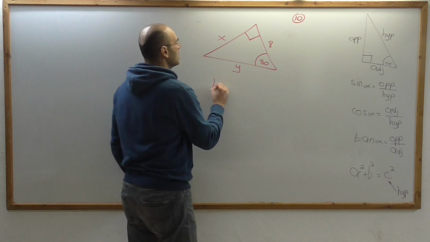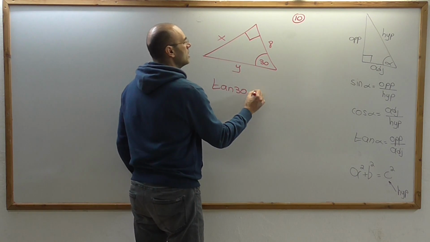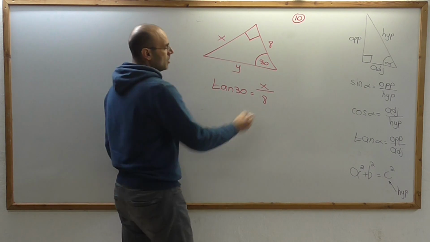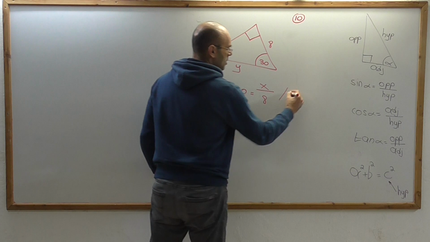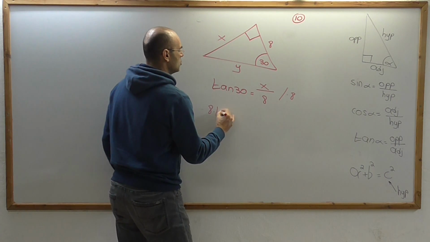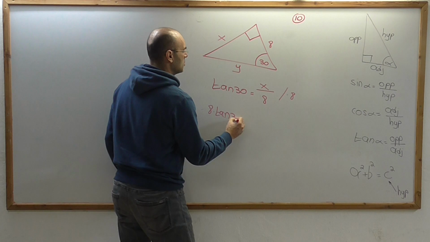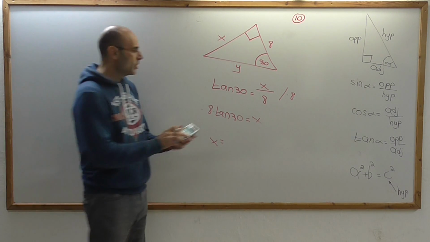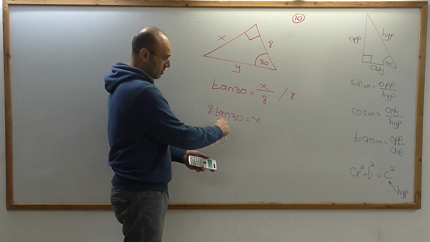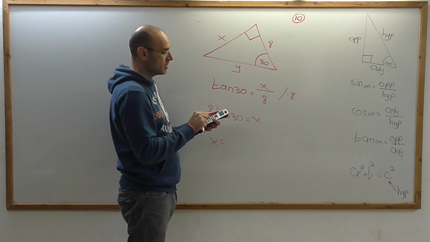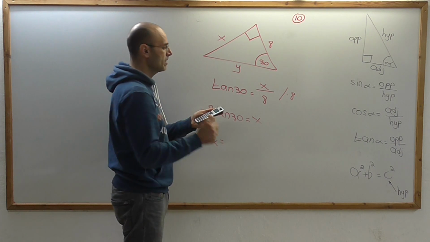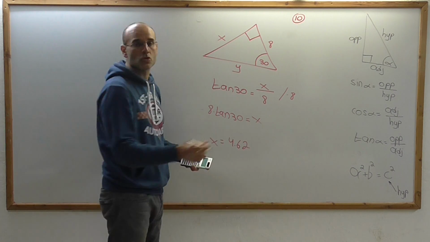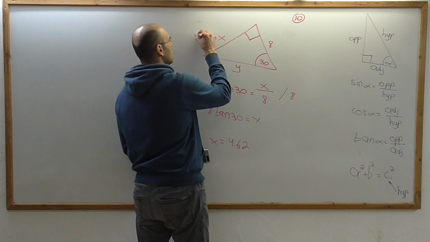Tangent. Tangent 30 equals op over edge. Let's find the x. 8 times tangent 30 equals x, so x equals, we go to the calculator, now without the shift, because I have the angle, 8 times tangent 30, 4.618, let's say 4.62.